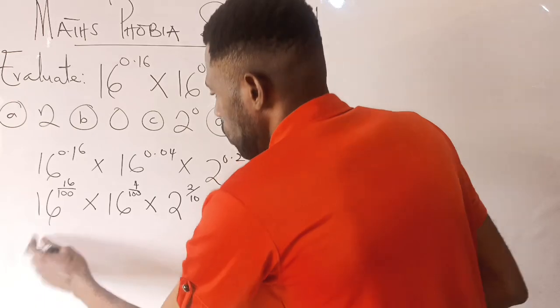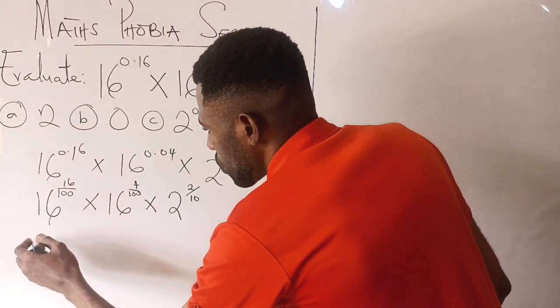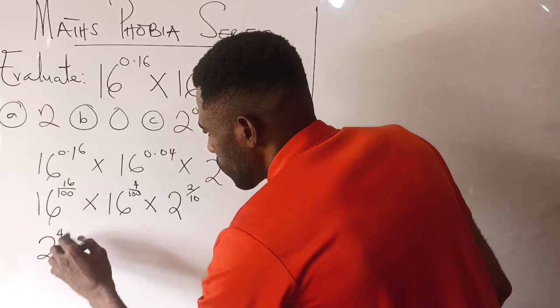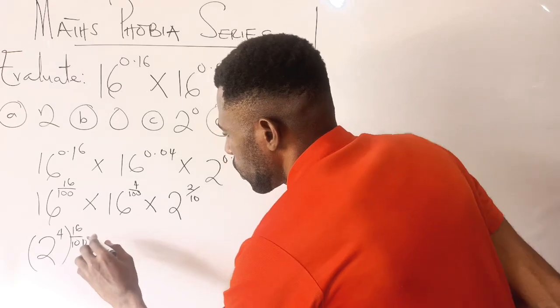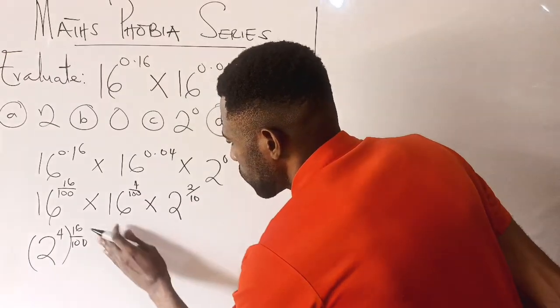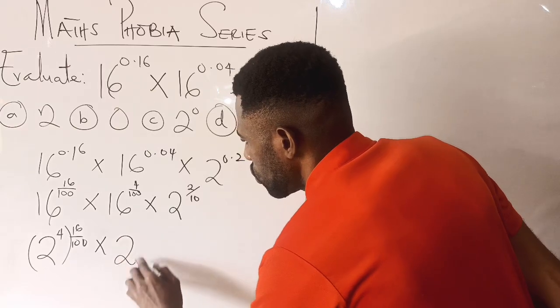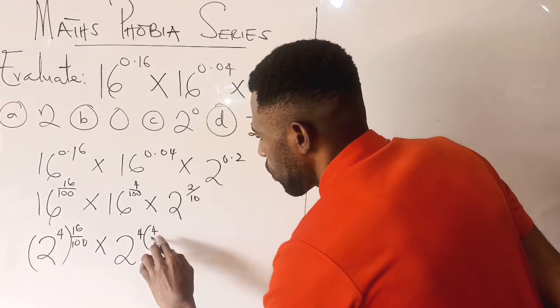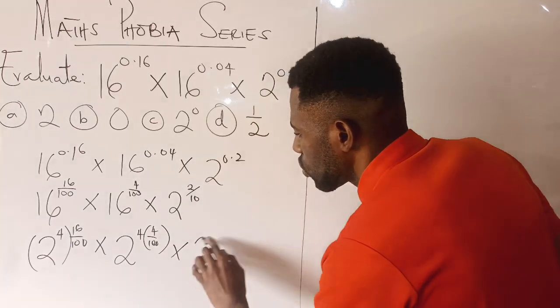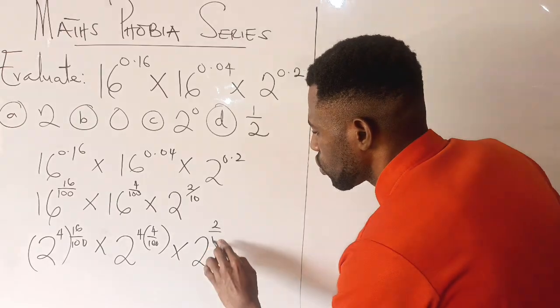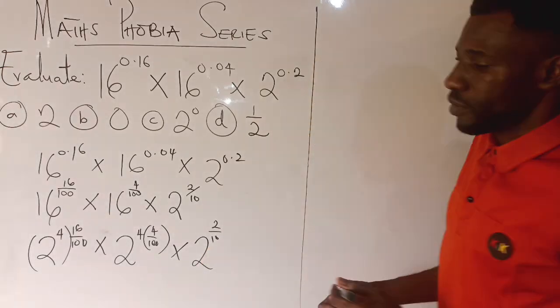That means 16 can give me 2 raised to the power of 4, times 16 over 100, then times 2 raised to the power of 4 again, 4 over 100, and times 2 raised to the power of 2 over 10.